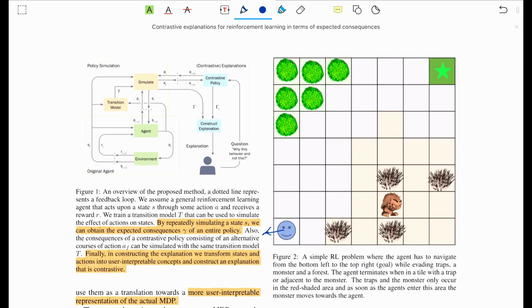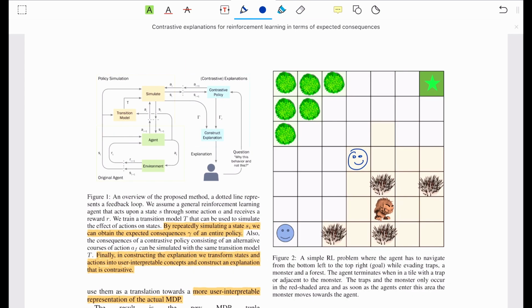First is something like why did you do the action move left? Okay, so let's suppose, although in this diagram the agent is marked to be here, let's suppose our agent was here. Okay, so the RL agent took the action left for some reason. We don't know why. And that is why we can ask questions like why did you move left?